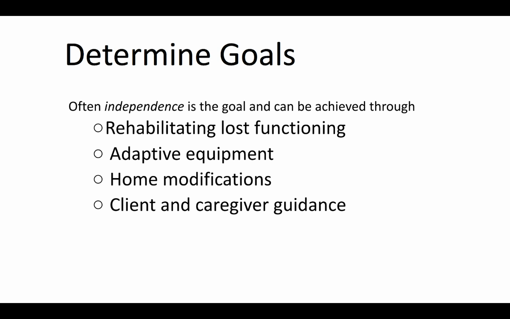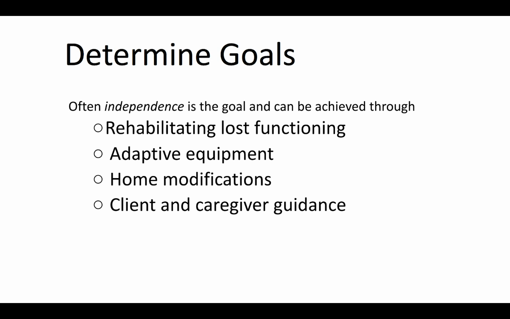When we look at adaptive equipment, this is if somebody is not able to complete tasks because of some physical impairment that has gotten in the way, maybe temporary or maybe long term. We might have to provide them adaptive equipment in order to complete whatever tasks they need to do and to be as independent as possible.